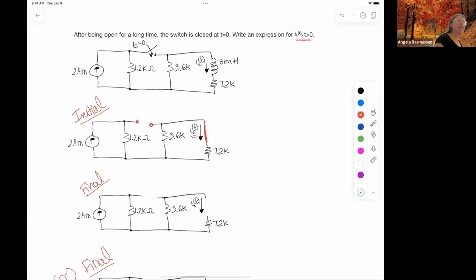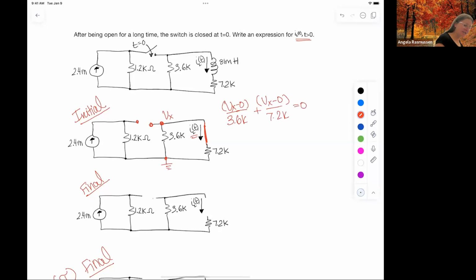And then I want to find this IL of t. I can do node voltage here and put this as ground if I want, and I don't see it right away. So Vx over 3.6K, it'd be Vx minus 0, and then Vx minus 0 over 7.2K.